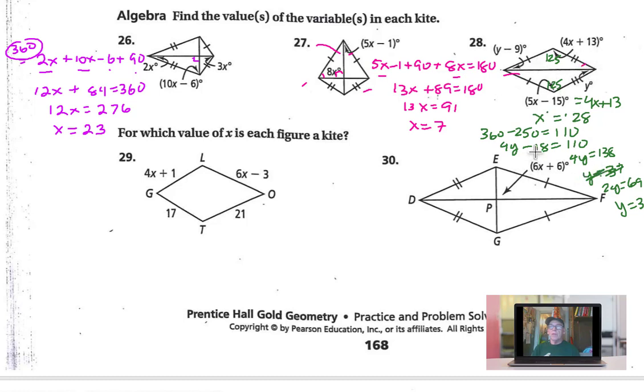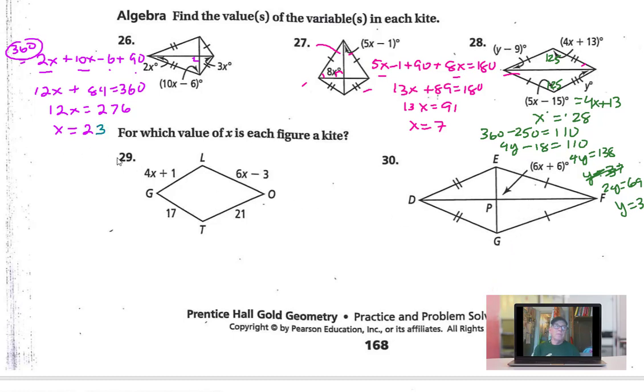So 4y minus 18 equals 110. Going back up here, 125. How do we get 125? That was 5 times 28, which is 140. Take away 15, 125. Yeah, so 34 and a half is what we get for y.